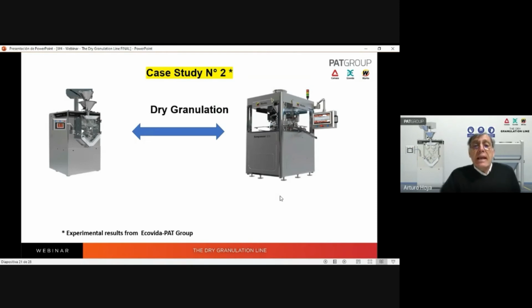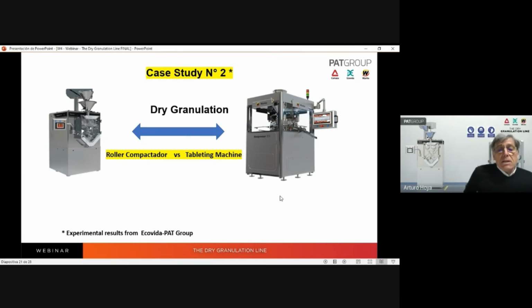Well, case study number 2 is a comparison between roller compactor and tableting machine. These are experimental results from the team of Ecovita group.